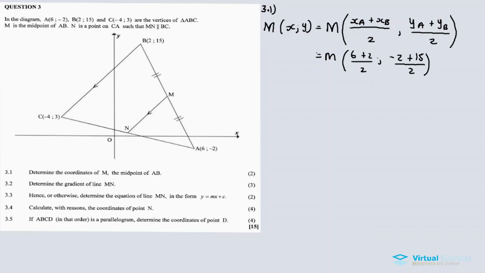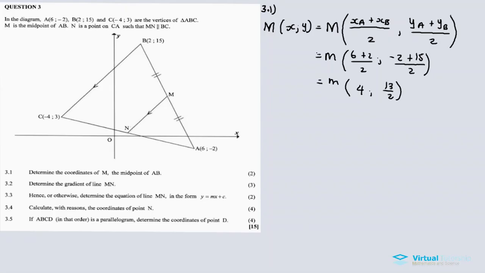So after some substitution, 6 plus 2 divided by 2 is 4, and then minus 2 plus 15 over 2 is 13 over 2. So these are the coordinates for midpoint M.